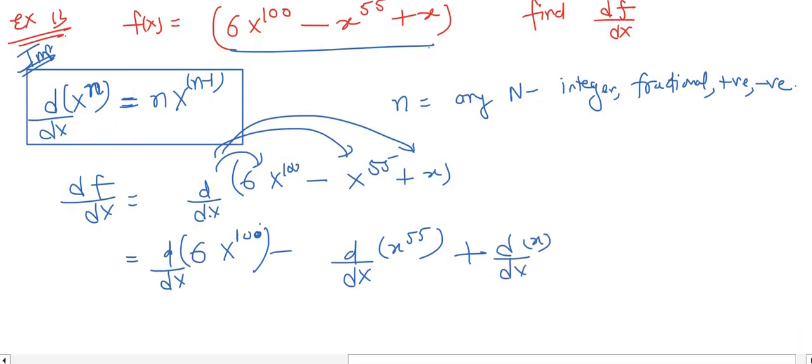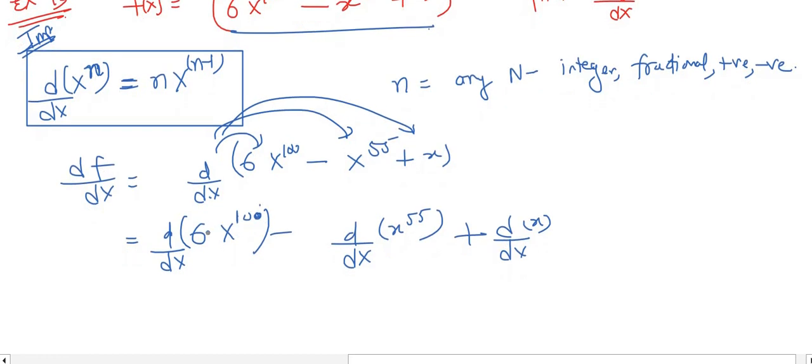Perfect. Now to solve it, whatever is the coefficient we don't touch, we just write it like this. And for this I will apply the formula, n into x raised to power n minus 1. And what is n here, by the way? n is 100 here. For this, what is n? 55. For the last term, what is n? It is 1, the power, correct?